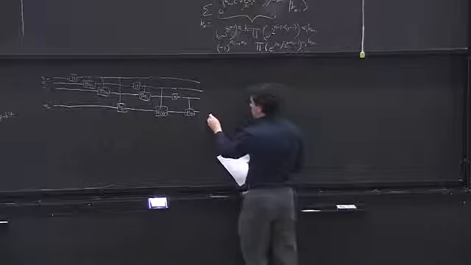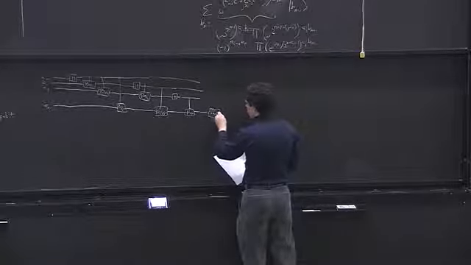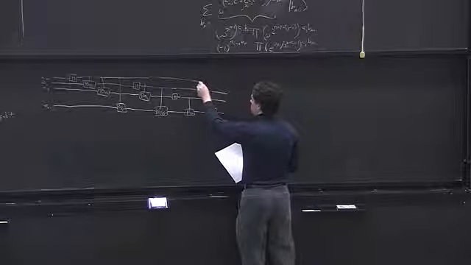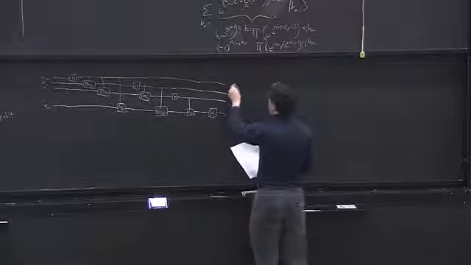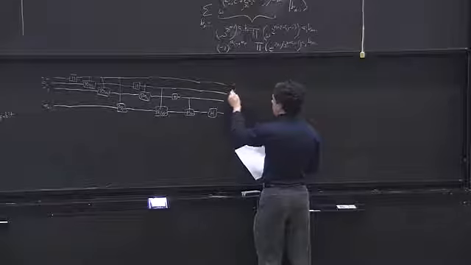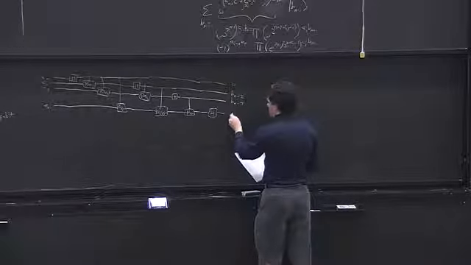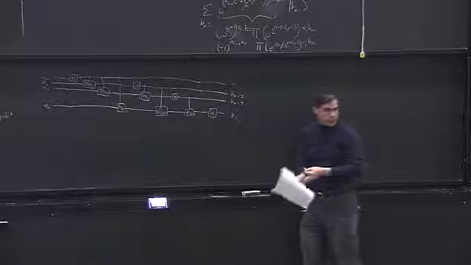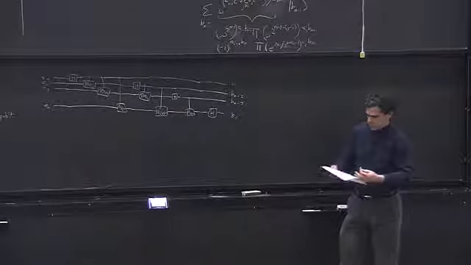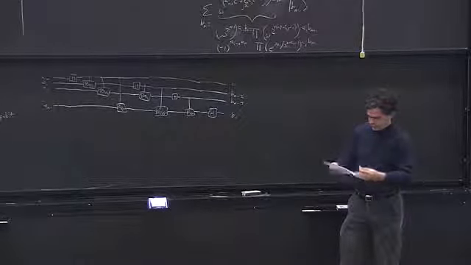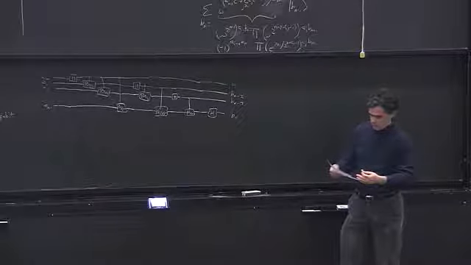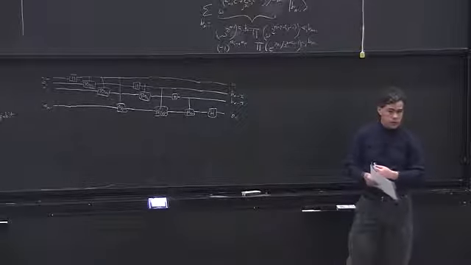And then finally we end the whole thing with a Hadamard down here. And the output we get is b_{n-1}, b_{n-2}, b_{n-3}, down to b_0. Okay? So does that make sense?